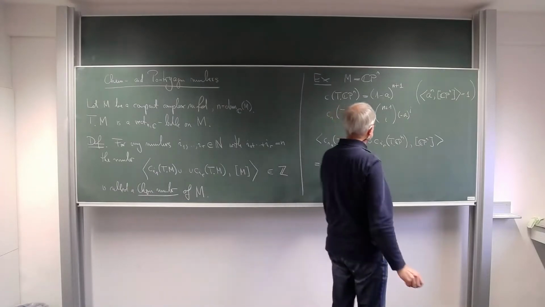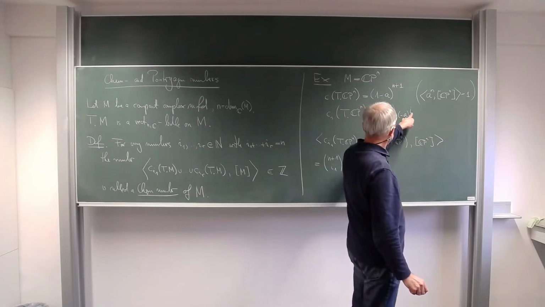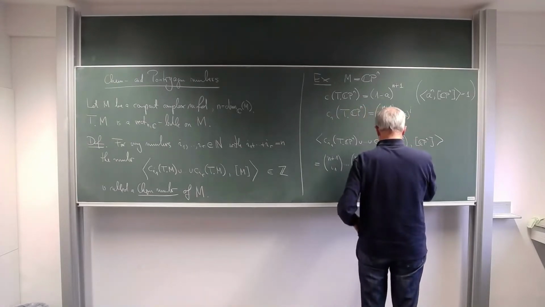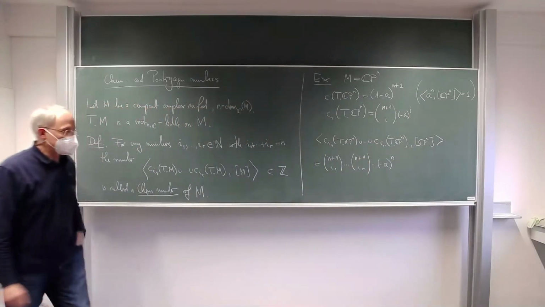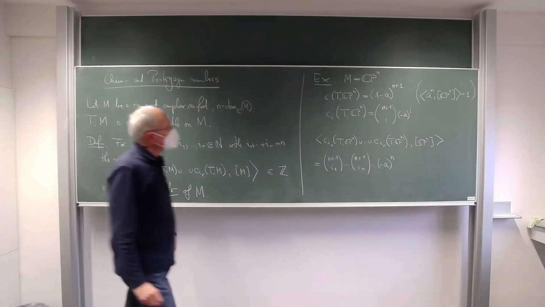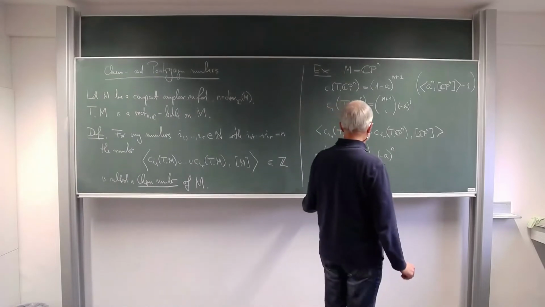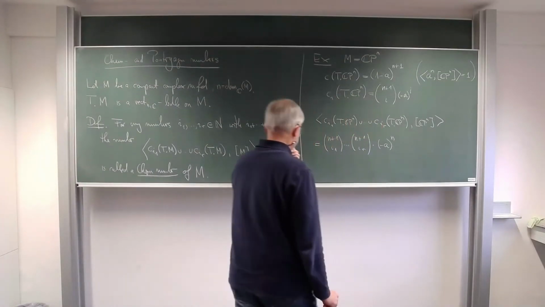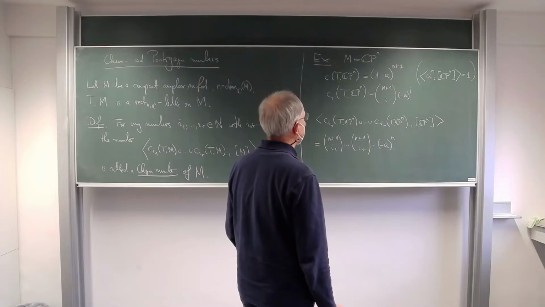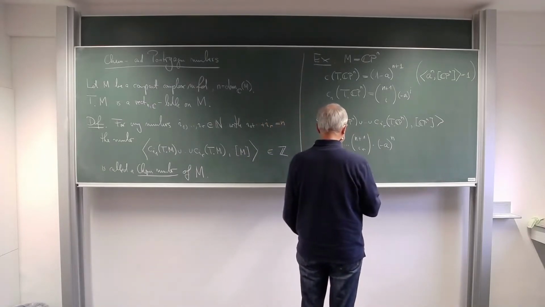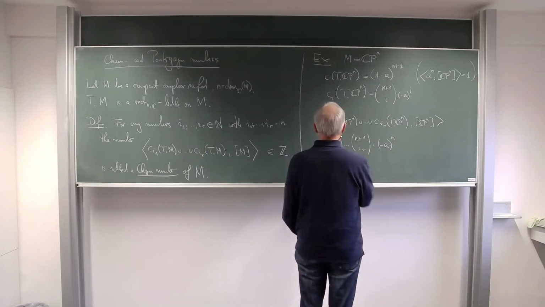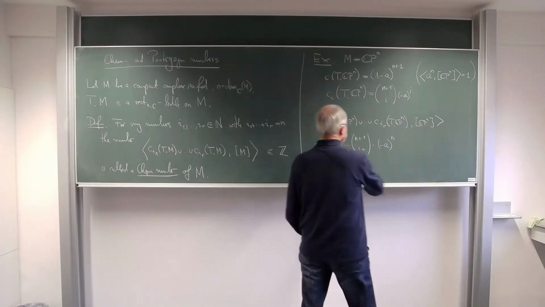And then I'm left with (-a)^n, because the i's add up to n. So this has to be integrated.